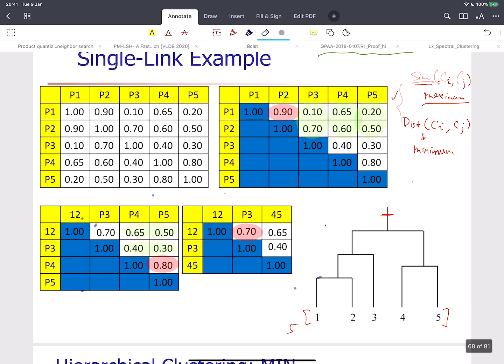But there are a lot of algorithms which differ in how you measure the similarity between Ci and Cj, where Cj may be merged from, let's say, two clusters. In general, you don't really care how they were merged. All you need to care about is that you have Ci and Cj, and each of them has a bunch of points.